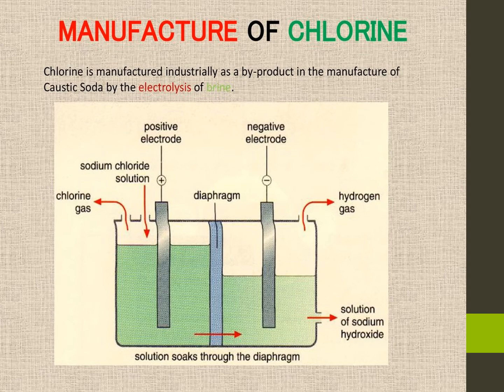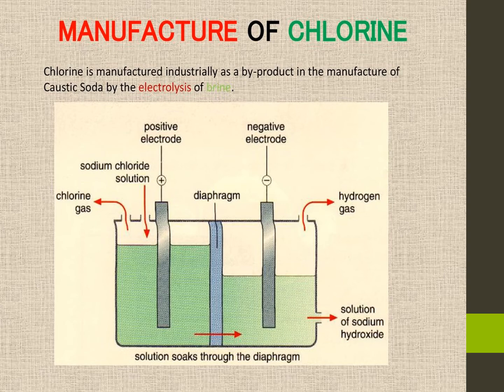Okay, chlorine is manufactured in the electrolytic process or by oxidation of HCl in the Deacon process. Now see the electrolysis process.